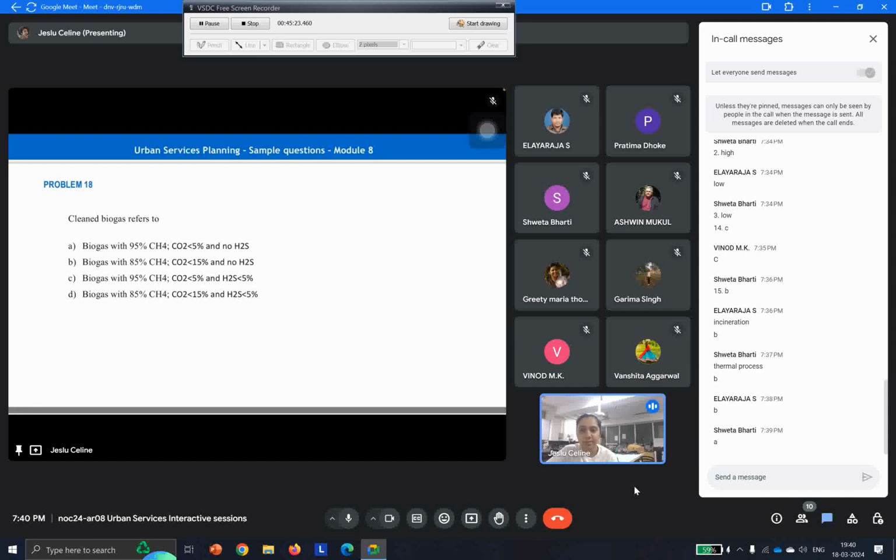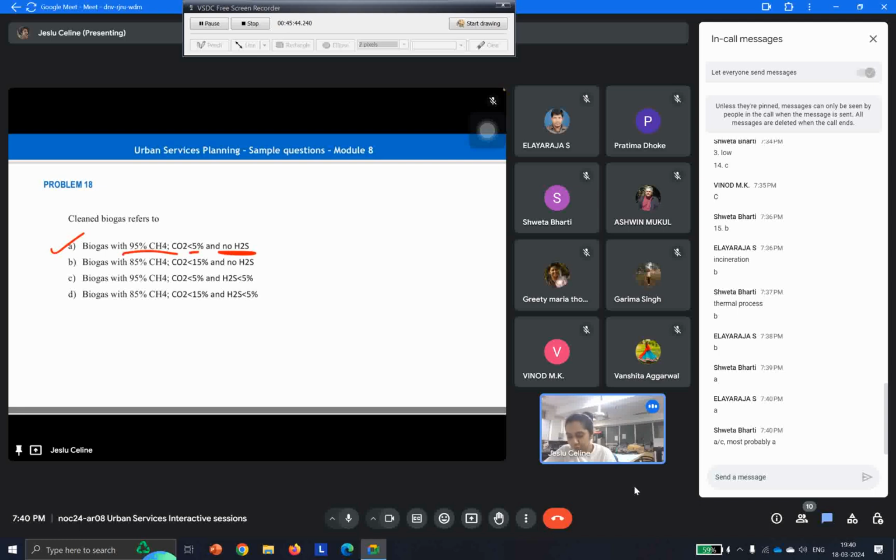C, biogas with 95% of methane, carbon dioxide less than 5% and hydrogen sulfide less than 5%, and D, biogas with 85% of methane, carbon dioxide less than 15%, and hydrogen sulfide less than 5%. So yes, Shweta has rightly answered it. It is option A, biogas with 95% of methane, carbon dioxide less than 5%, and no hydrogen sulfide. So this is the composition that we get in clean biogas.